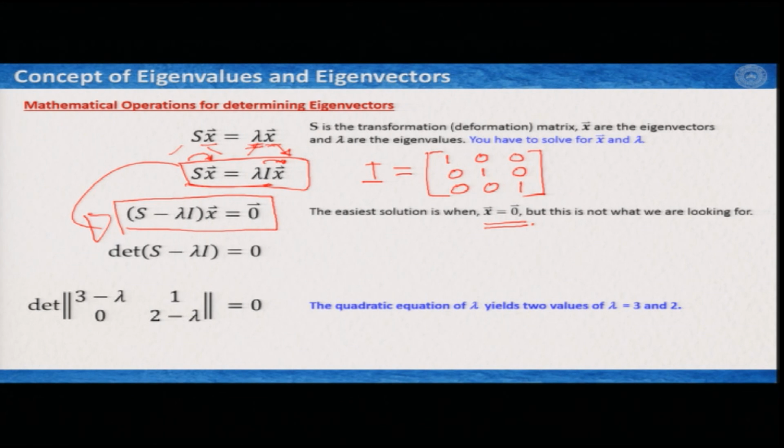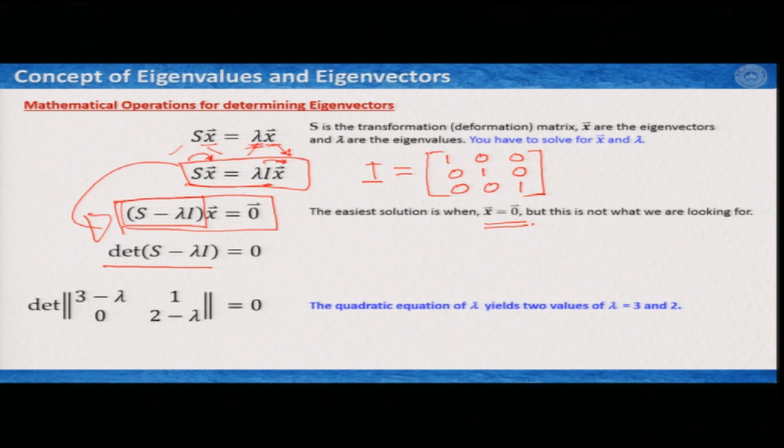We need a non-zero x vector solution, and to do this we have to take the determinant of this matrix, and it should vanish. That means the determinant of S minus lambda multiplied by the identity matrix should be 0.